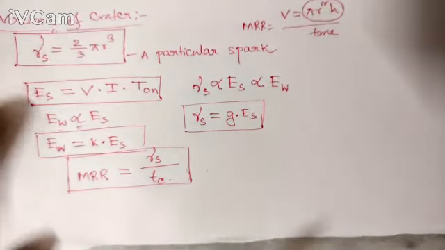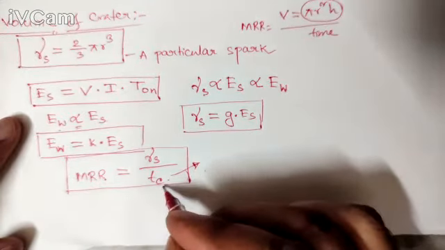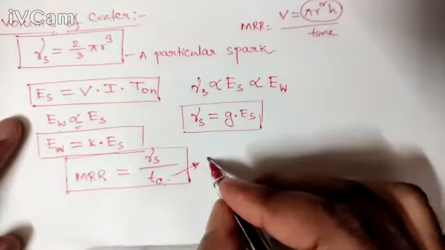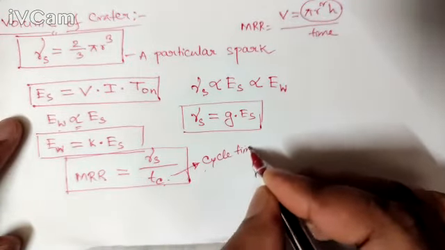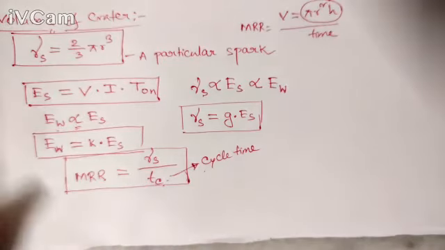Now, what is the time? The time is TC, because C denotes cycle time. What is the meaning of cycle? In every cycle, we will have a pulse on time as well as a pulse off time. So TC is denoted by the combination of pulse on time and pulse off time, that means T on and T off. Clear?